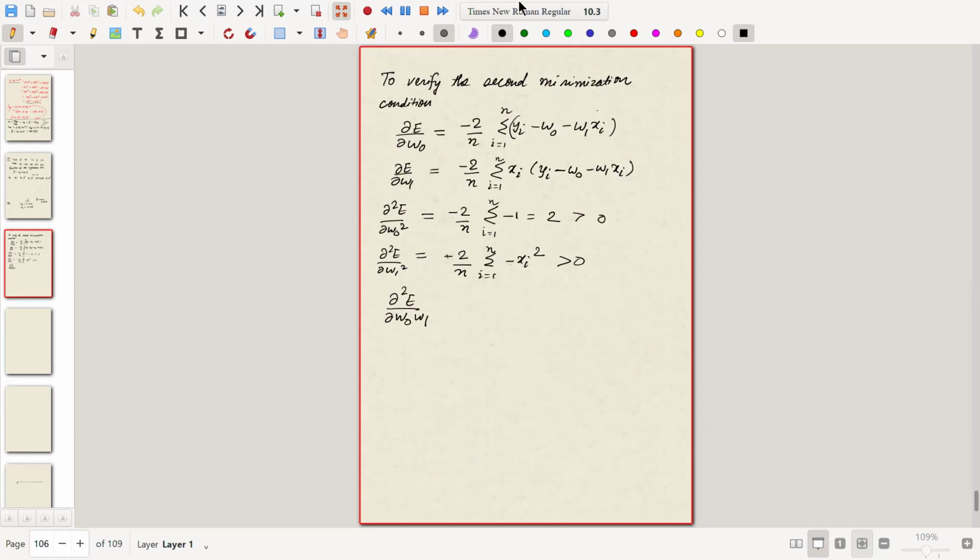Do this. Try to find that this will be 2x bar. I did those two quantities, so now you should do this one.